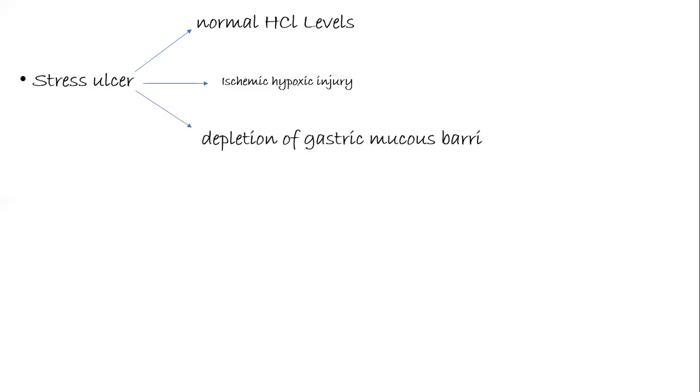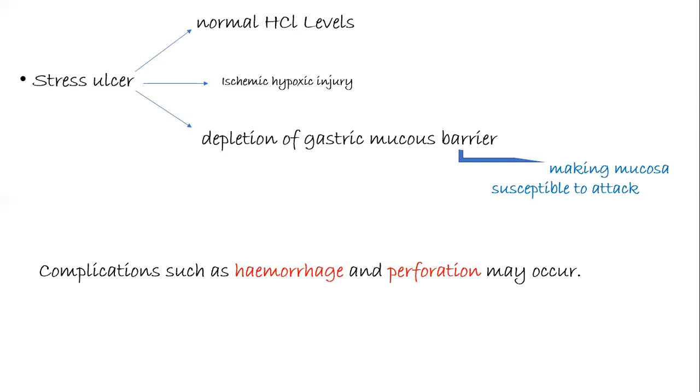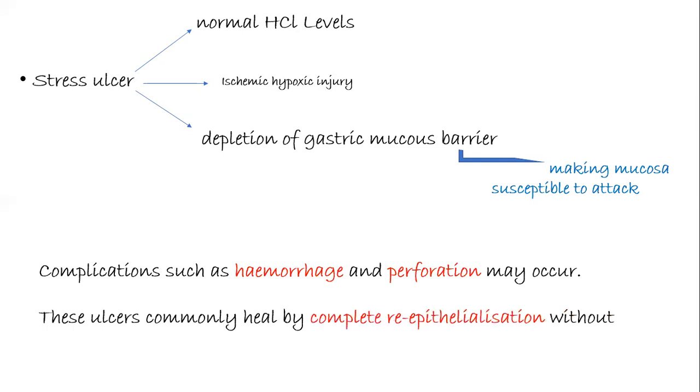It can occur due to depletion of the gastric mucus barrier, making the mucosa susceptible to attack by the HCl. There might occur complications such as hemorrhage and perforations, but these occur rarely. The ulcers commonly heal by complete reepithelialization without leaving any scar.